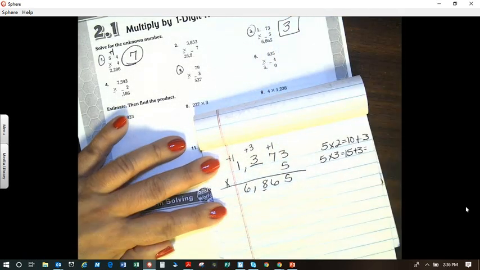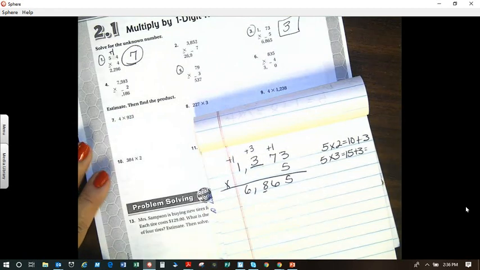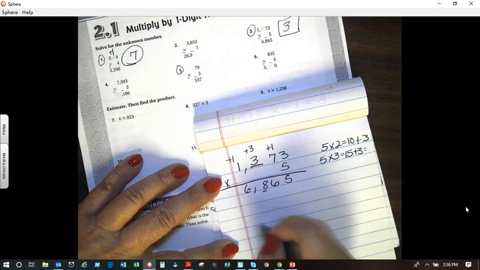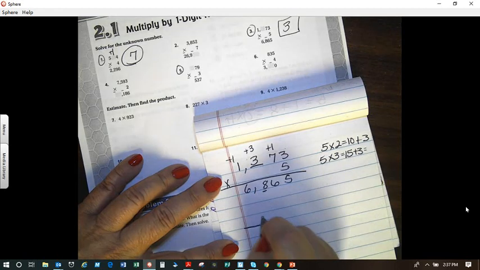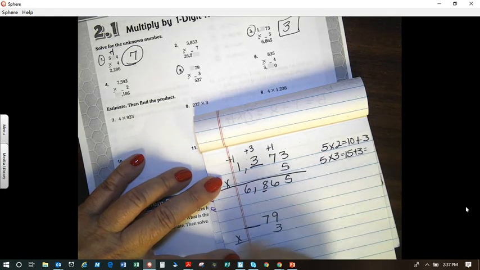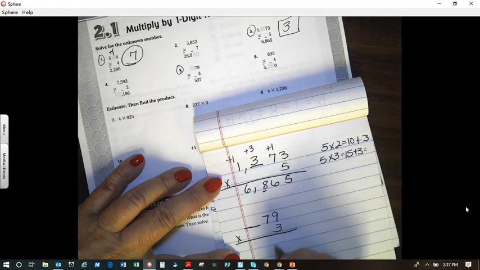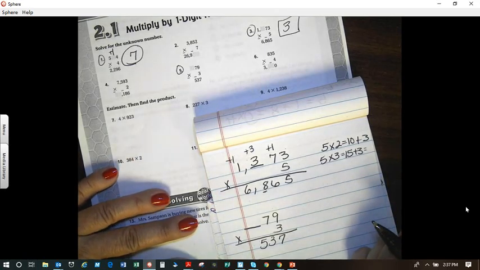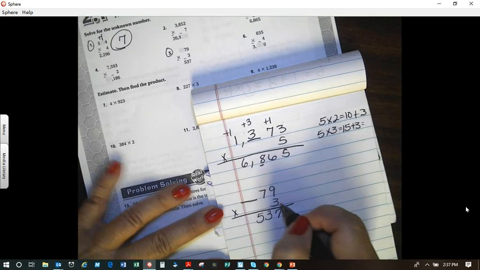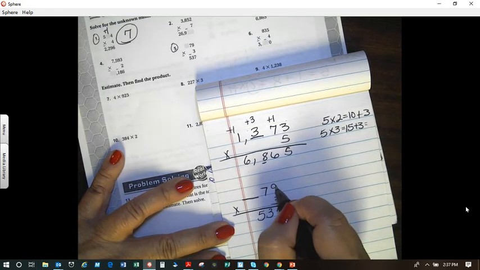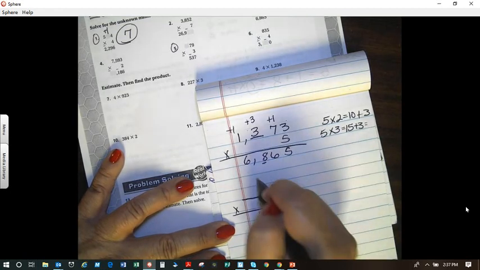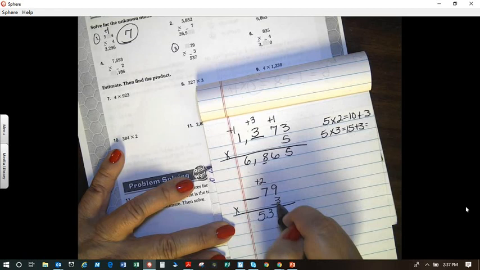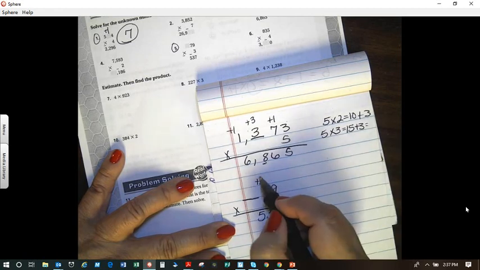Okay, let's move over to number 5. Something 79 times 3, and I'm going to get an answer of 537. All right, so let's take a look. 9 times 3 equals 27. I'm going to regroup my 2. 3 times 7 is 21, 22, 23.